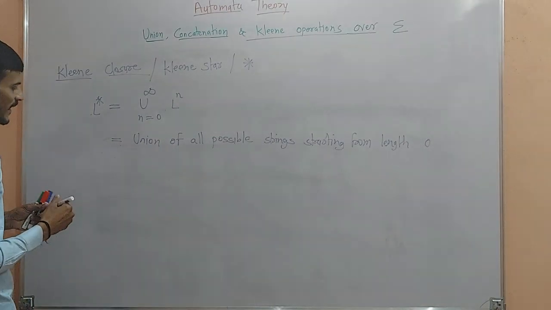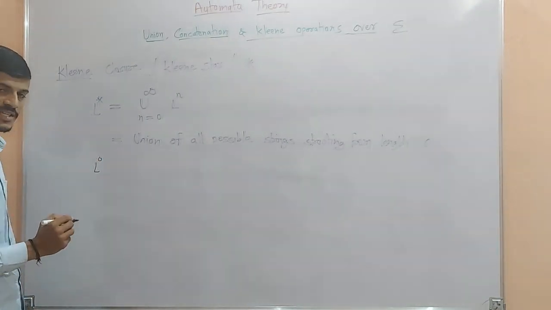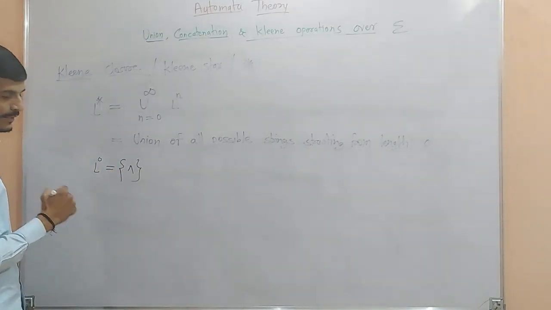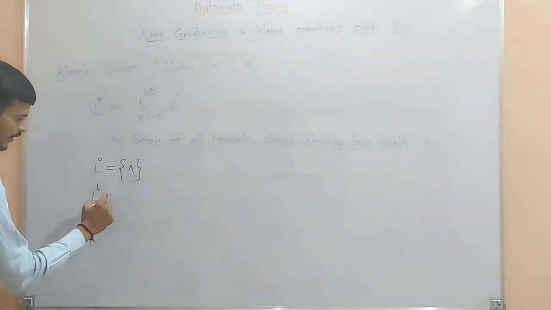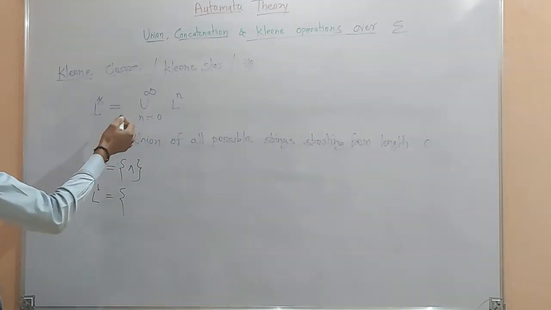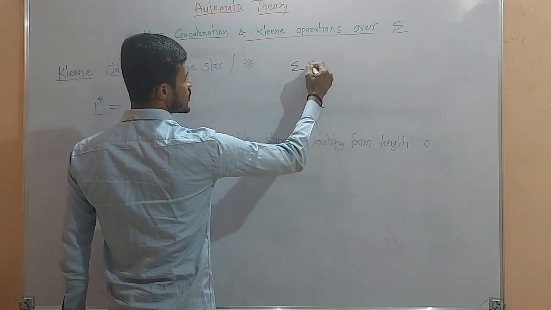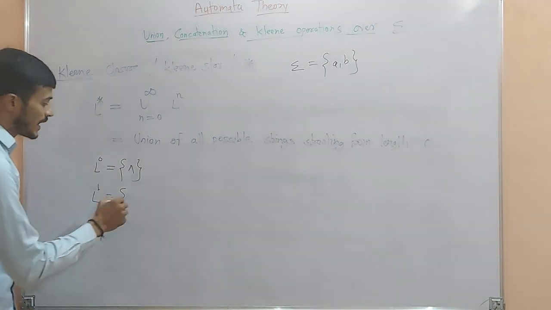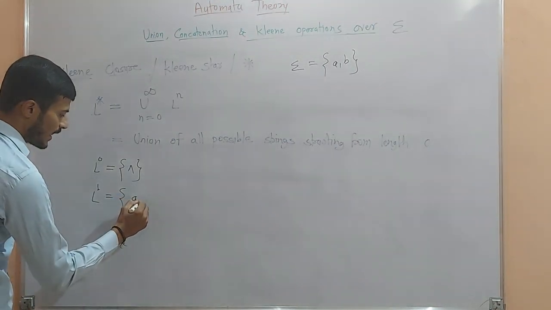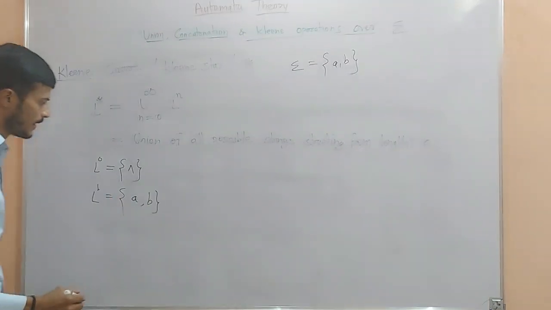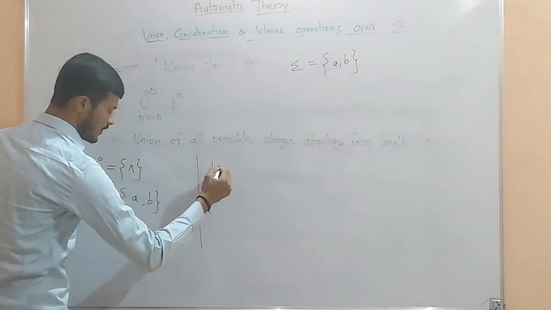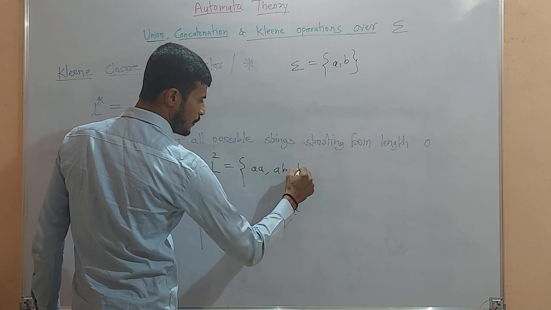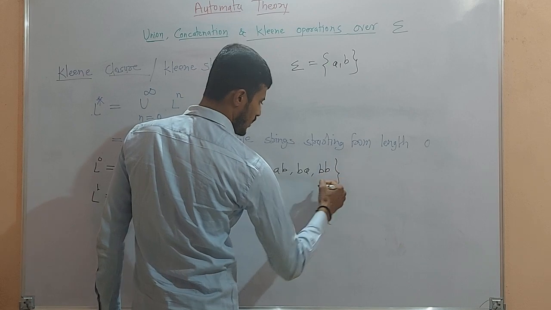So you can see here, if I go for L0, what is the meaning of this L0? L0 will be simply null. Then what is the meaning of L1? Considering sigma equals A comma B, L1 will be simply A or B. Then L2 will be AA, AB, BA, BB.